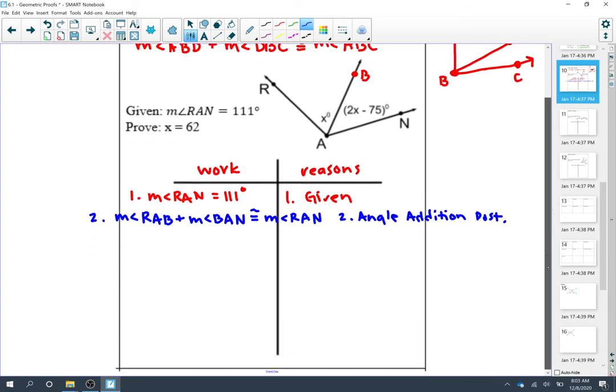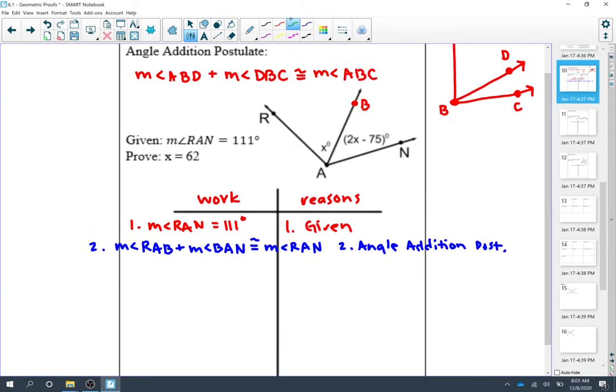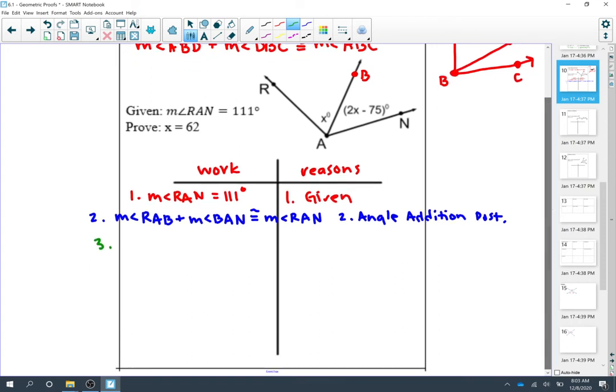Okay, now moving on. Step 3. I know that if I take this angle and I add it to this angle, I get the whole angle. Well, what is this angle RAB? It's being represented by x degrees, which I'm going to leave off the degrees. I'm just going to put x.